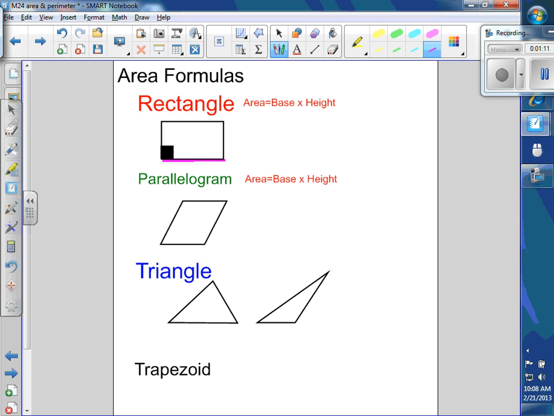So that's the base, and this could be the height, which in a rectangle is the same as side times side. So for example, if this is 2 units and this is 2.5 units and we're in inches, the area is just 2 times 2.5, which is what?